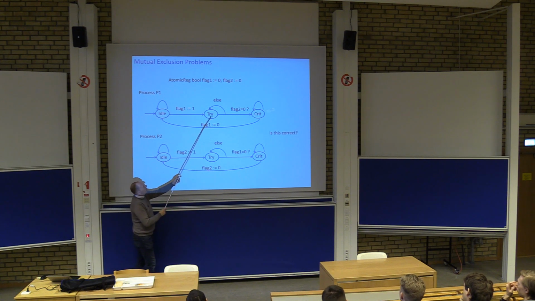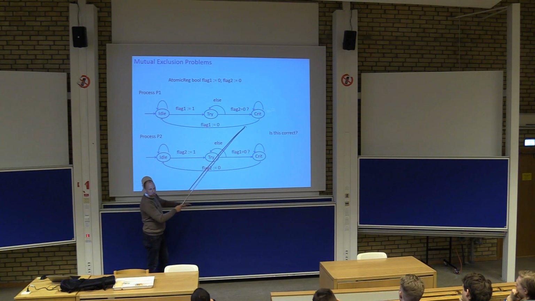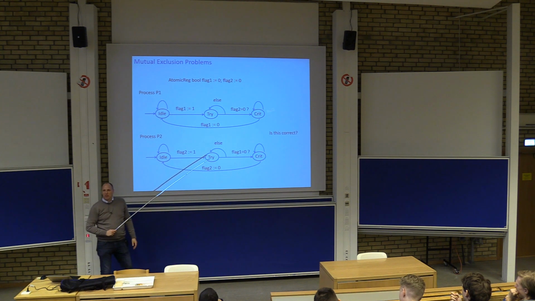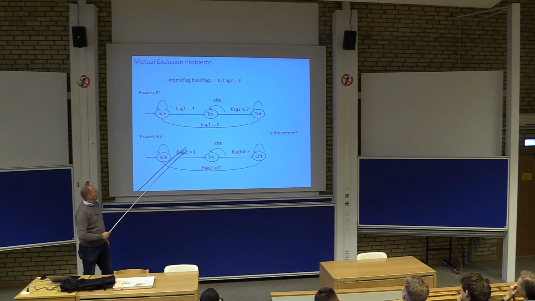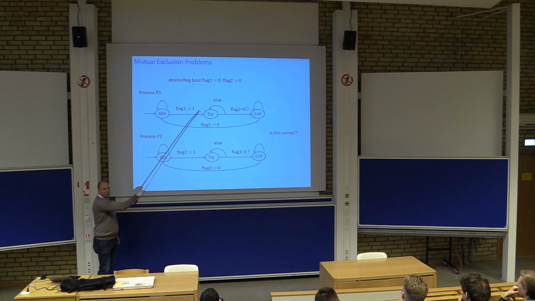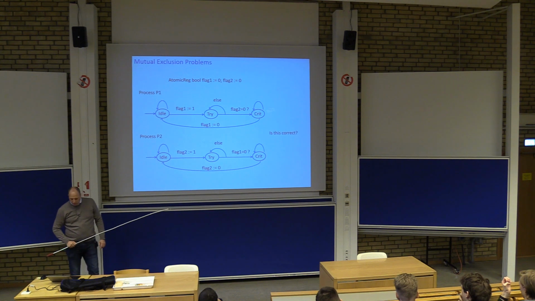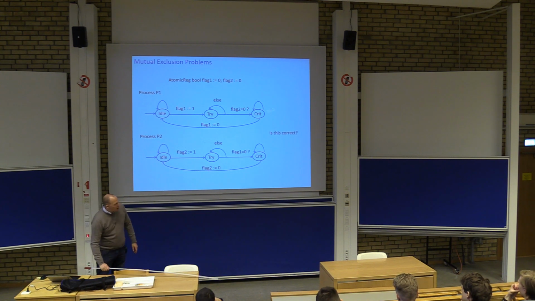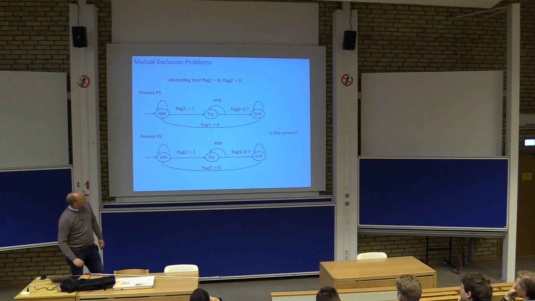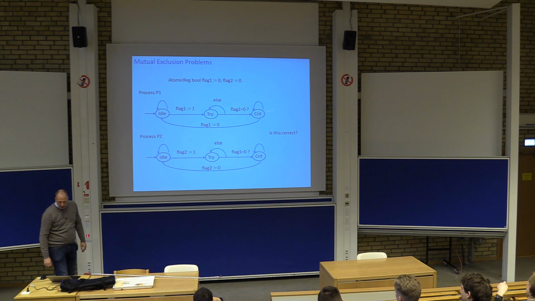And then both of them are waiting for the other flag to become 0, which will never happen, right? So they might be stuck here, so you have a live lock here. So this didn't work. Okay, so can we think about another way to do it?